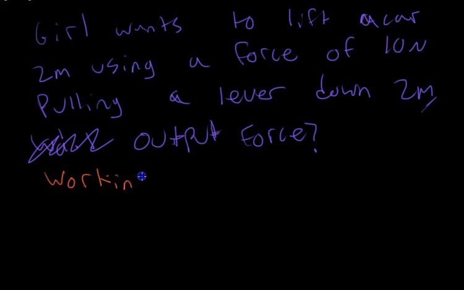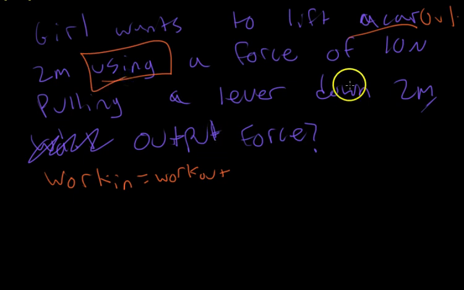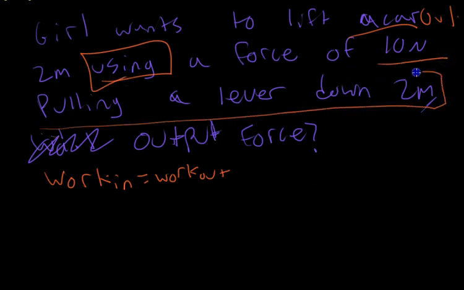work in equals work out, and we get, well, what's work in? She wants to lift a car, so that's out. When she lifts the car, that's work out. But she's using a force of 10 newtons, and she's pulling a lever down 2 meters, right? So this is all the in. We have 10 by 2.